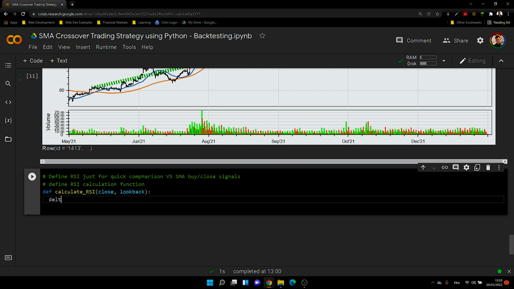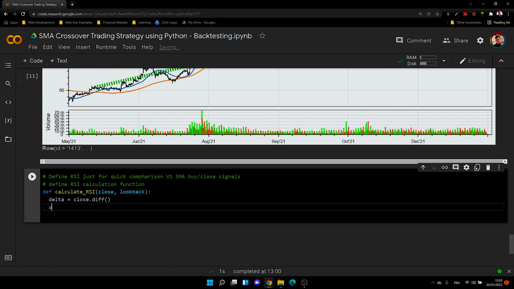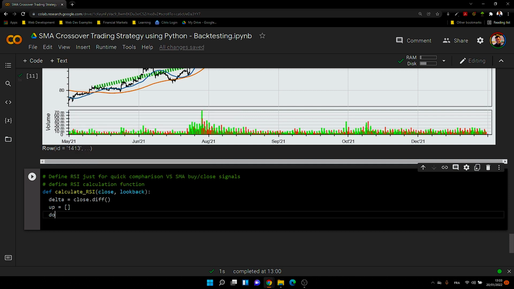And here we'll say that the delta will be equal to our close.diff, and that our up will be an empty list, and our down will also be an empty list.